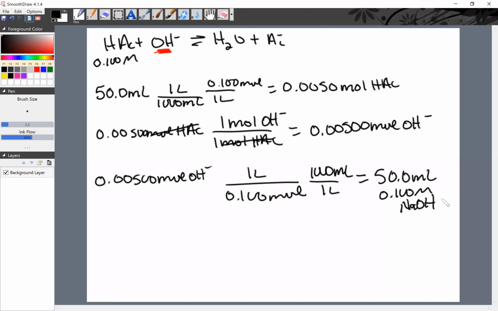All right. So now we know our initial pH is 2.87. We know that we need 50 mils of our 0.1 molar sodium hydroxide solution to be done. All right. What is our next question?